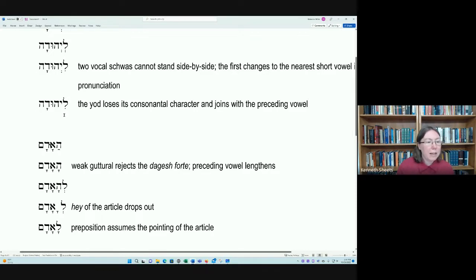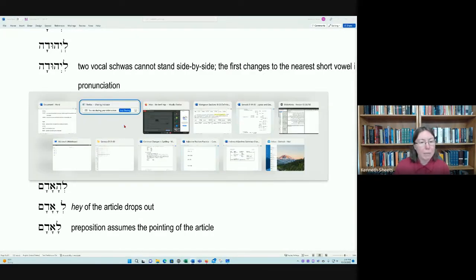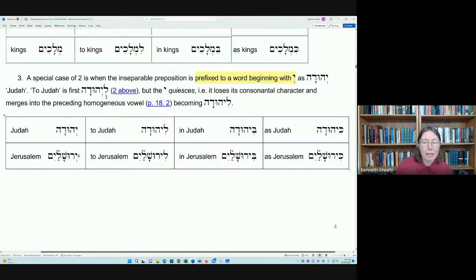And so that gives us the form li-huda here. So you can see the explanation of this next to the notes. The two vocal schwas cannot stand side by side. The first changes to the nearest short vowel in pronunciation. And then the yod loses its consonantal character and joins with the preceding vowel. And so that is what we have here.